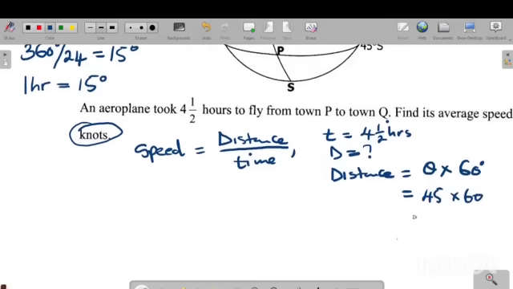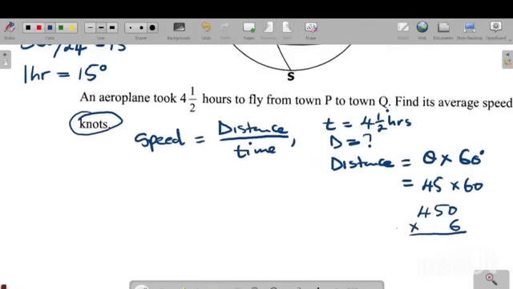Okay, 45 times 60 is, so because in paper 1 you are not allowed to use a calculator, what you do, you get a 0 from 60, you put it at the far end of 45, so you're going to have 450. Because you've removed a 0 here, you're going to remain with 6. Okay, this is how you multiply.